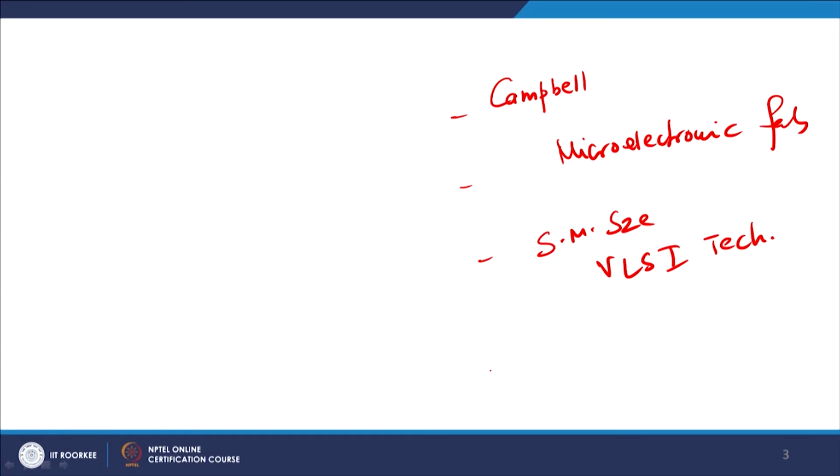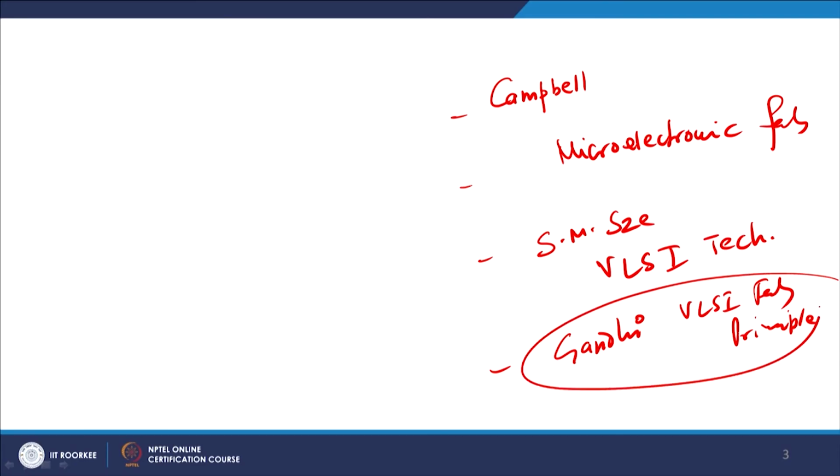And there is a book by Gandhi on VLSI fabrication principles. But I would recommend that this is quite a heavy book, only meant for when you actually want to study deep inside the fabrication.